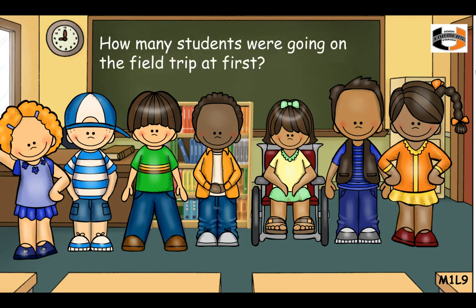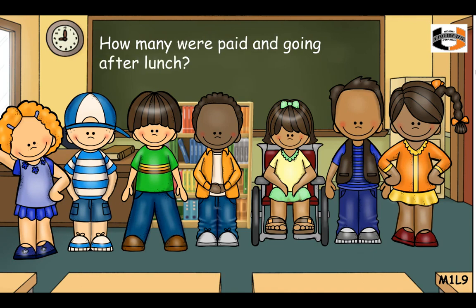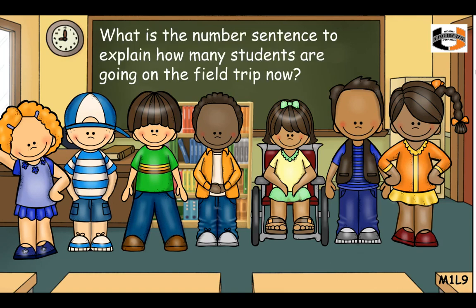How many students were going on the field trip at first? 5, that's right. How many were paid and going after lunch? All 7. What is the number sentence to explain how many students are going on the field trip now?